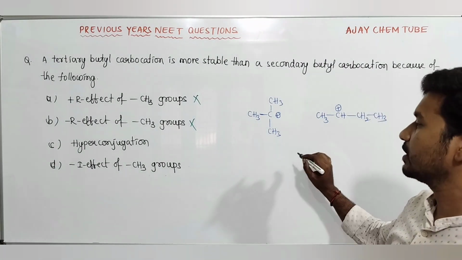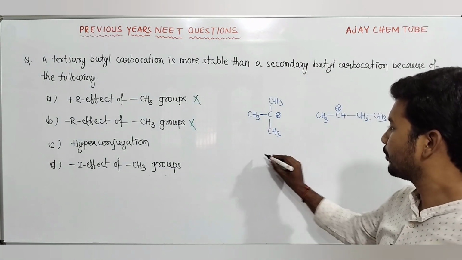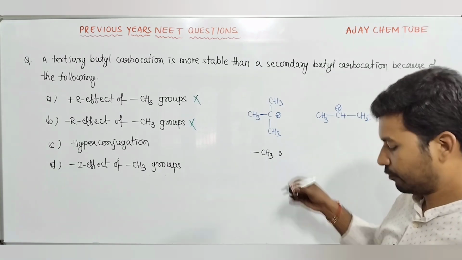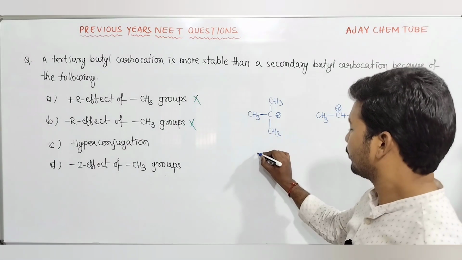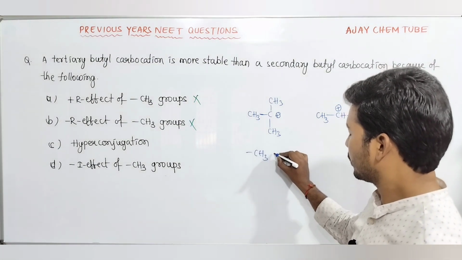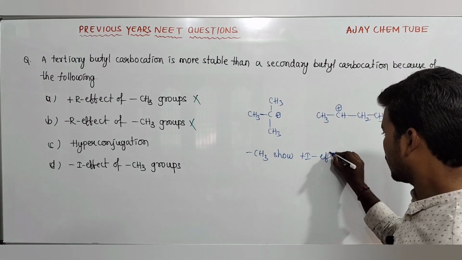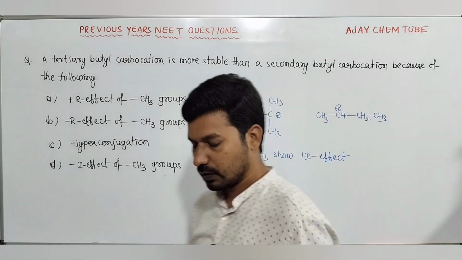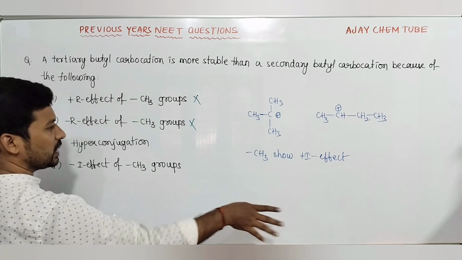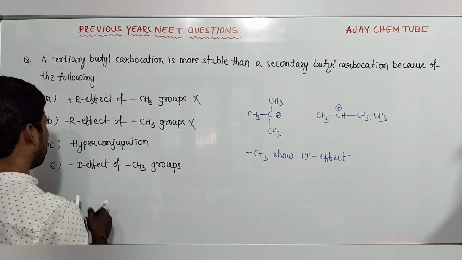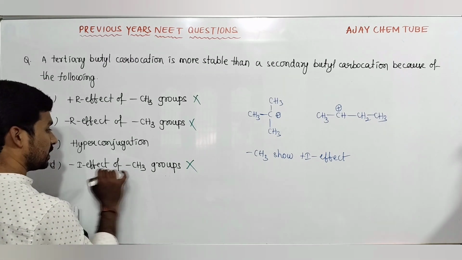Hyperconjugation is correct, and inductive effect is also correct, but methyl groups show plus I effect, not minus I effect. So first of all, the statements about resonance are wrong because methyl groups do not cause any resonance effect. The minus I effect is also wrong: methyl groups show I effect, but not minus I, that is plus I.